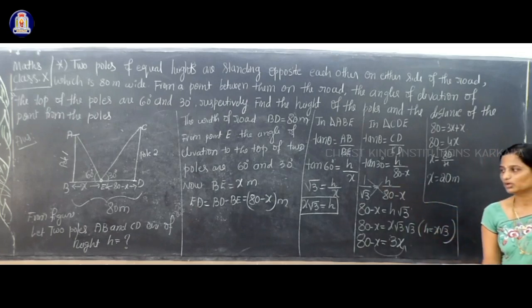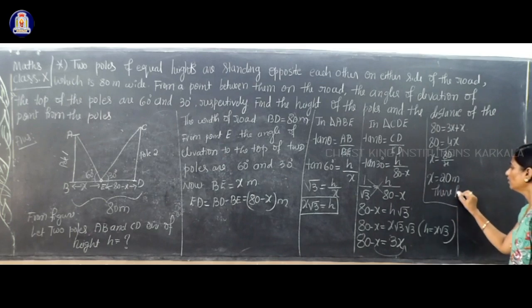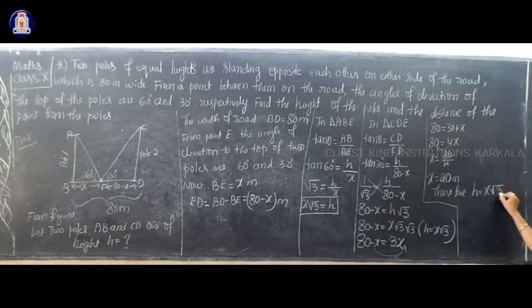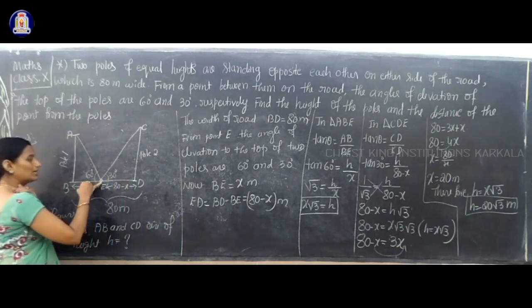Now can you find out what is your h? H is equal to x into root 3. So h is equal to, x is how much here? 20 root 3 meter. So that means the height of the pole is 20 root 3 meter. I need the second point, the distance of the pole to the point.